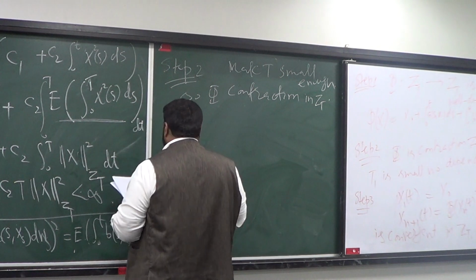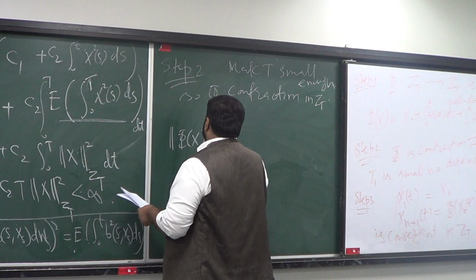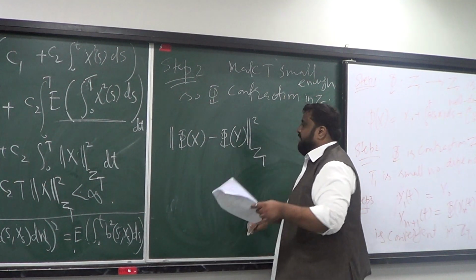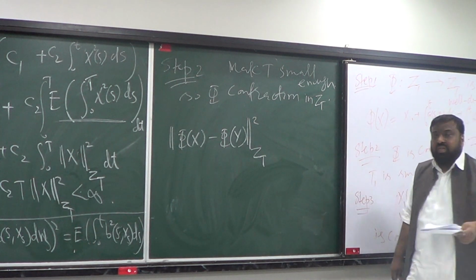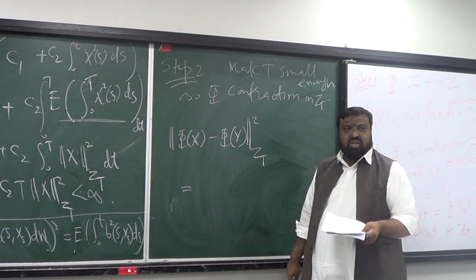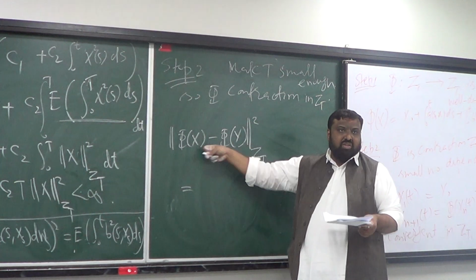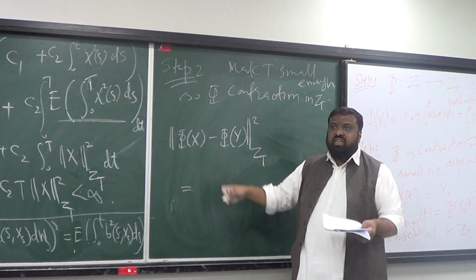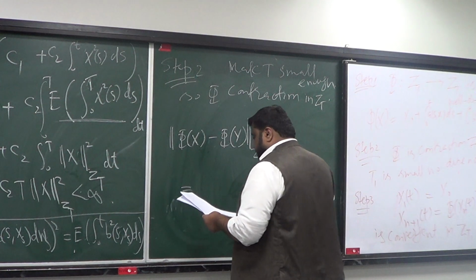So let's say, for example, first compute phi of x minus phi of y and its square in the ZT norm. Let's see what we get. So phi of x, the initial condition is going to be the same in both, so x naught will go away. And then their difference is going to be equal to what?